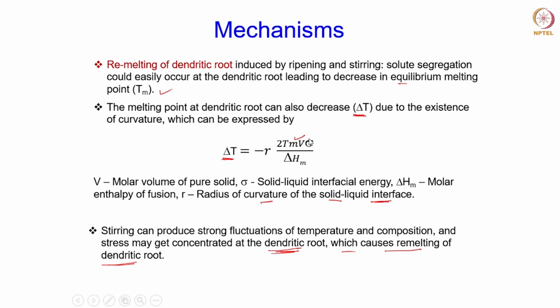Therefore, locally in those places the melting point would decrease, and it would lead to the remelting of the dendrite roots, which in turn will lead to their breakage, giving rise to more nuclei in the melt.